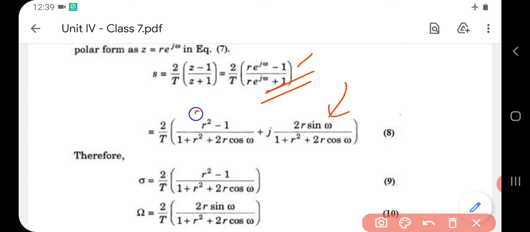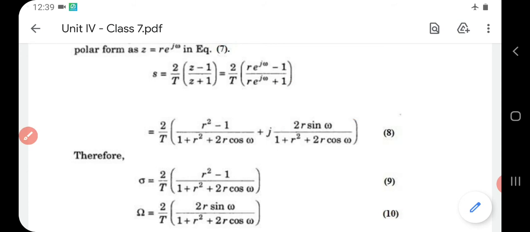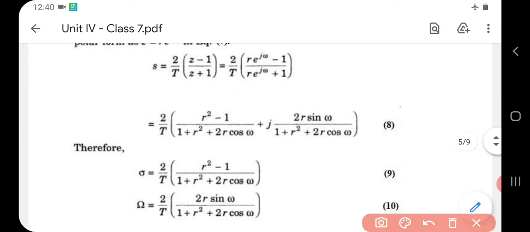Now see, this is actually sigma plus j omega. That is, this particular equation is of the form 2 by T into sigma plus j omega.